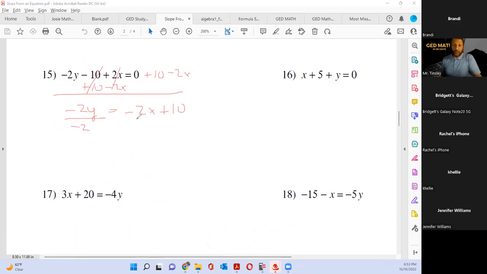These are not like terms, so I need to divide by -2 separately. The -2's cancel, I get y equals -2 over -2 is 1, they cancel. 10 divided by 2 is 5. Did we get the same slope of 1? Y-intercept 5. Got the same exact thing. This is why this is considered a difficult problem, because this is what they want you to do.